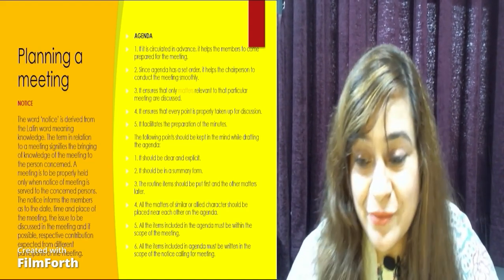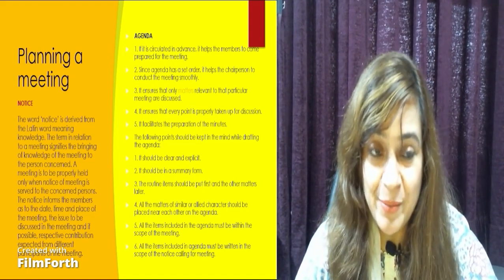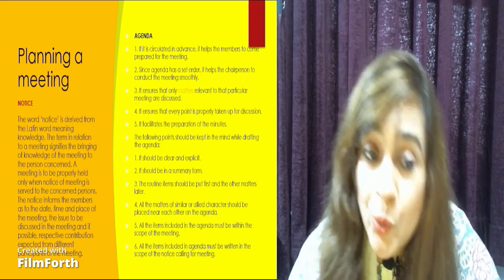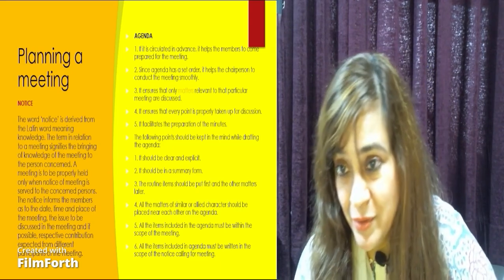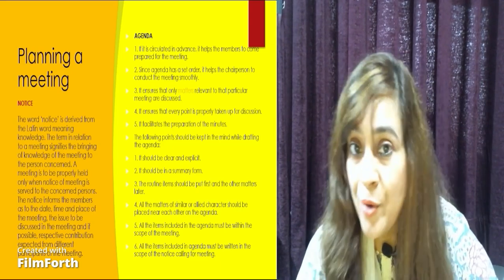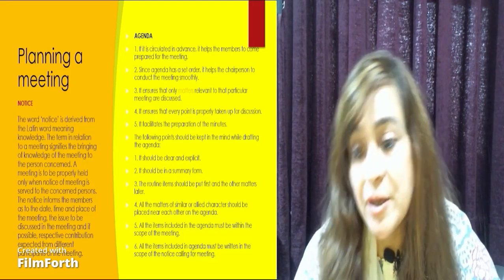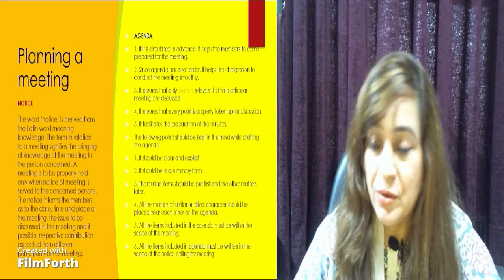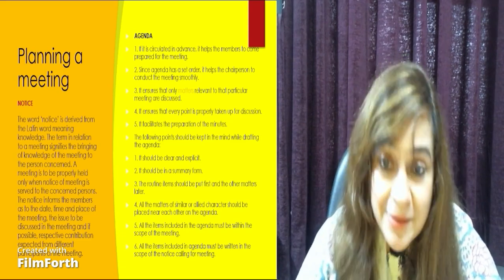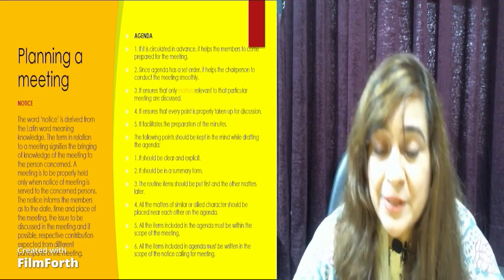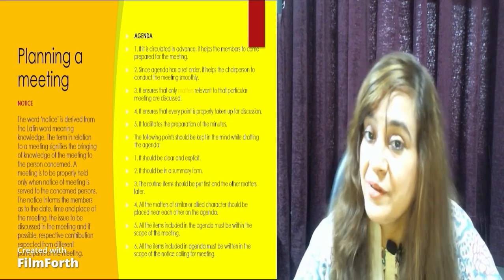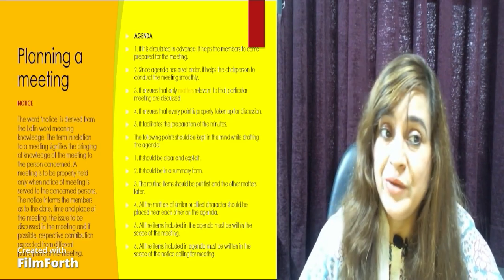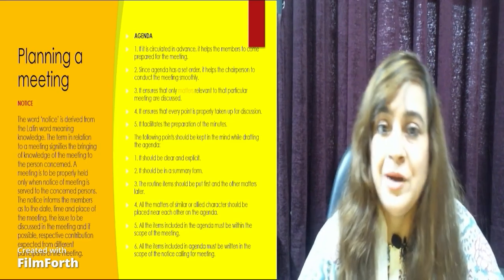Notice is the first prerequisite, because it is usually through notice that all the members of an organization are informed that there will be a meeting. The notice is passed to a set of people, the participants, and that notice will also have the agenda. So we have the notice and we also have the agenda.